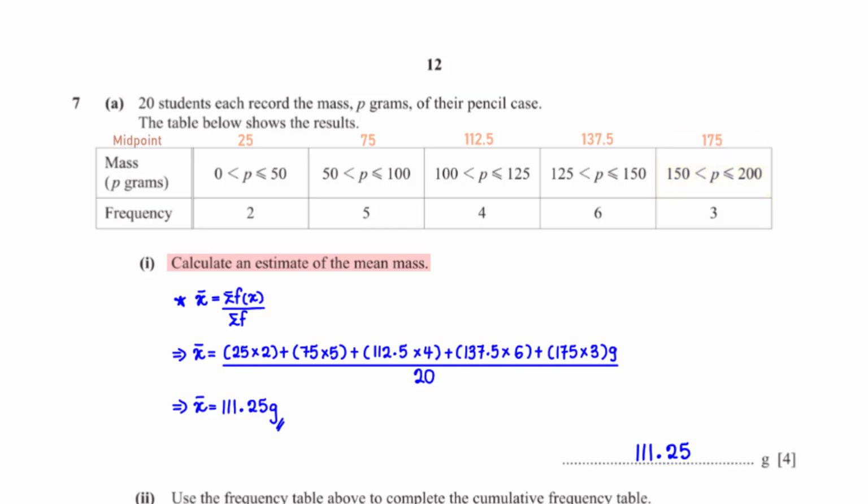So for sigma f of x, we have 25 times 2 plus 75 times 5 plus 112.5 times 4 plus 137.5 times 6 plus 175 times 3, divided by 20. When we type this into the calculator, we get 111.25 grams.